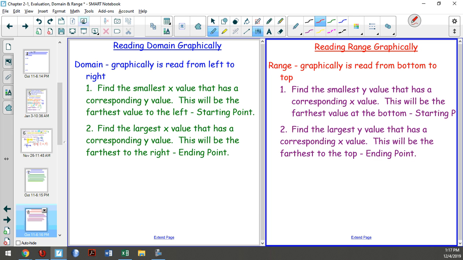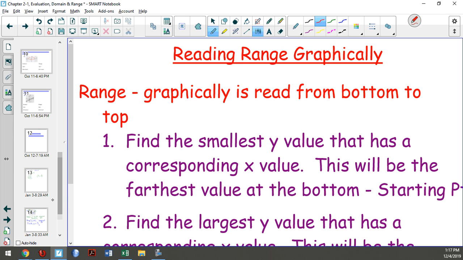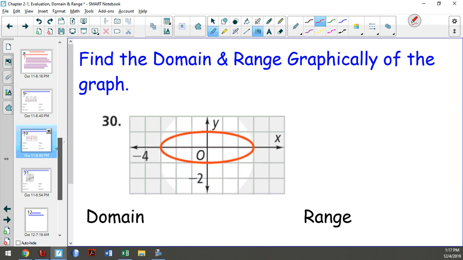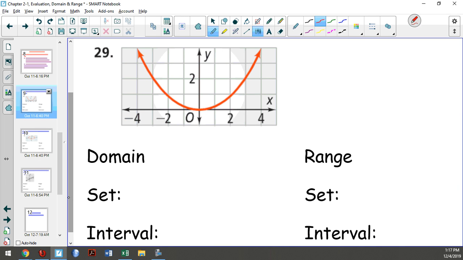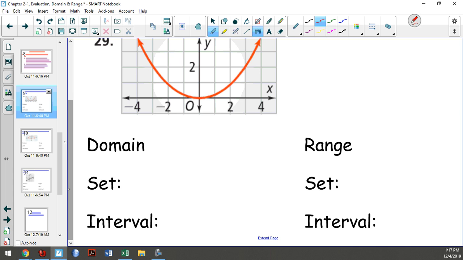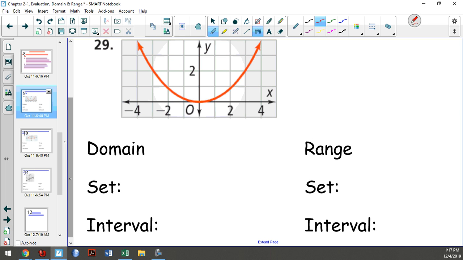How did I say range was read? From bottom, the smallest y value, to the largest y value. Do you remember that? Yes? So, what we're going to do is look at these graphs right here, and I want you to find the domain and the range using set and interval notation. Are you ready?